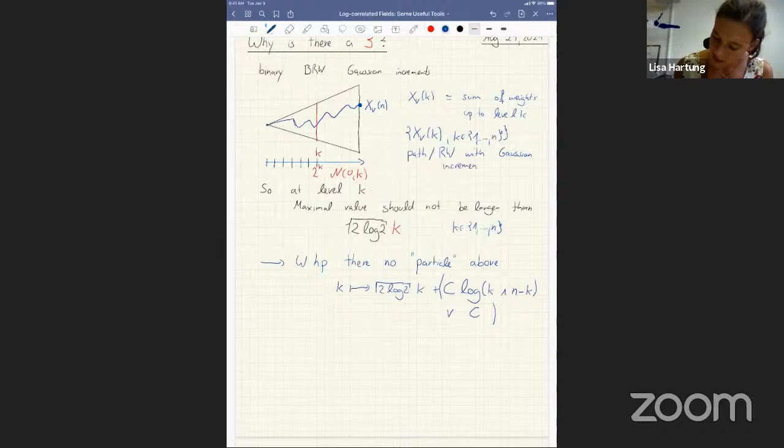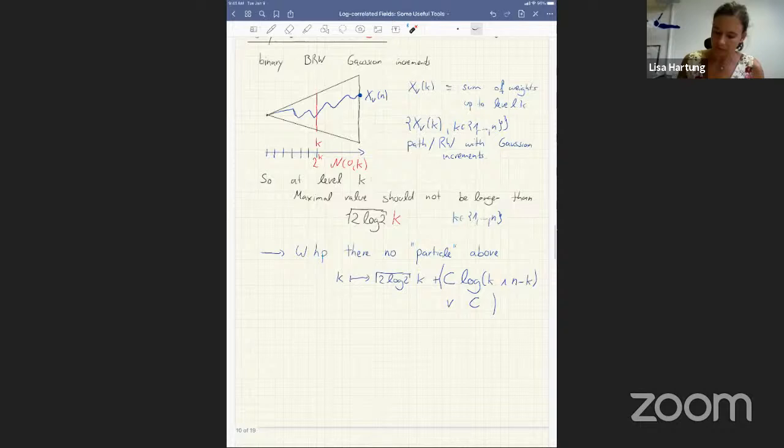And this idea that at the previous level K, the maximum should not be too high, well, this means this is exactly a constraint on this value X_v of K.